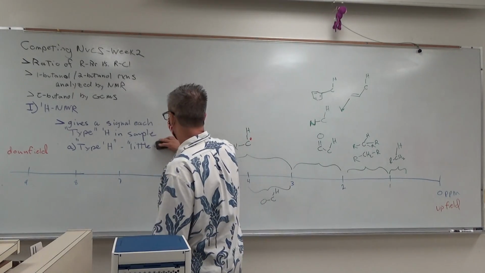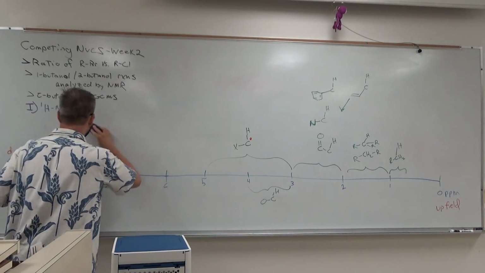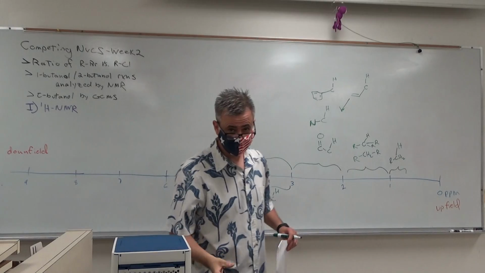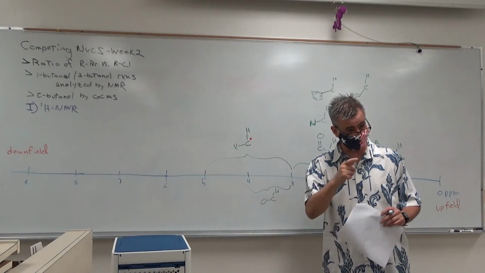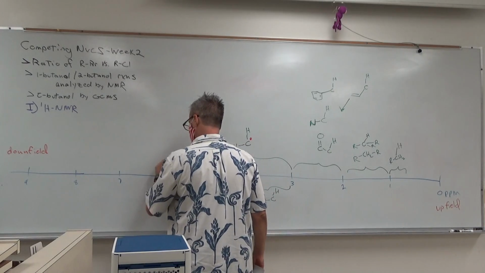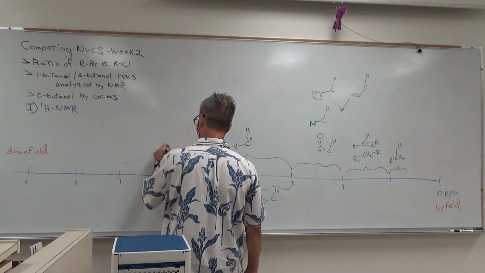5 to 7. What comes in the 5 to 7 range, guys? Not too much else in that area. Benzene rings? Very close, actually. Benzene rings, aromatic protons tend to be a little bit farther down.